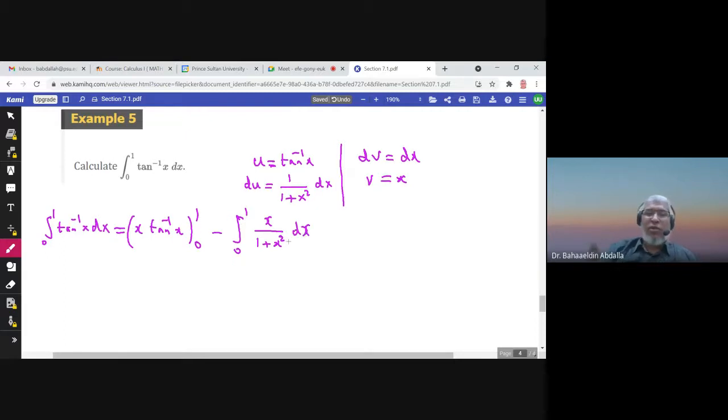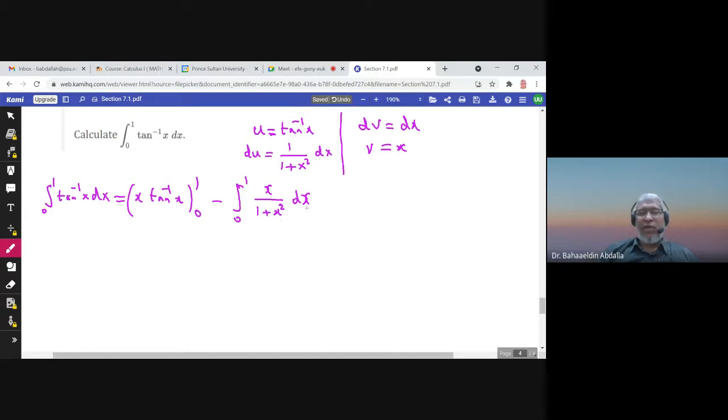And we need to find this integral. So I'll call this integral double I, and I'll find it here.